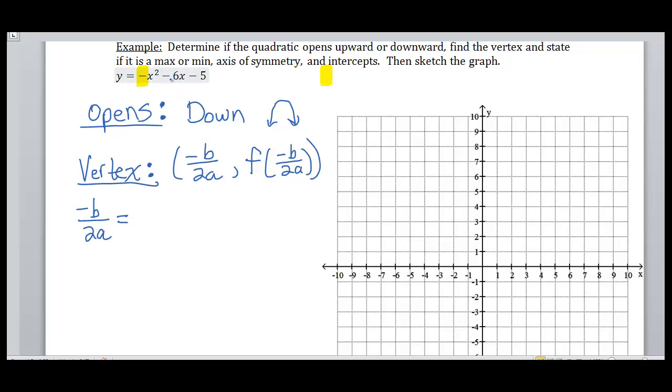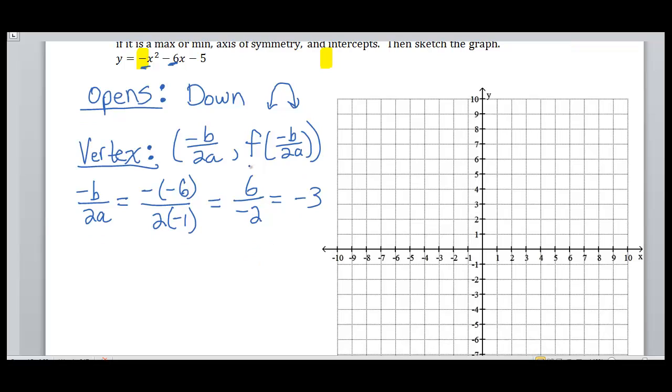My b is negative 6, so I have negative 6 over 2 times my a, which is negative 1. Well, a negative negative 6 is a positive 6, and 2 times negative 1 is negative 2. And so 6 divided by negative 2 is negative 3. That's the x-coordinate of my vertex.